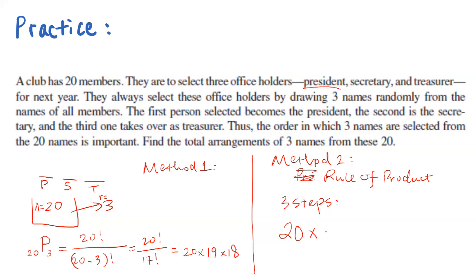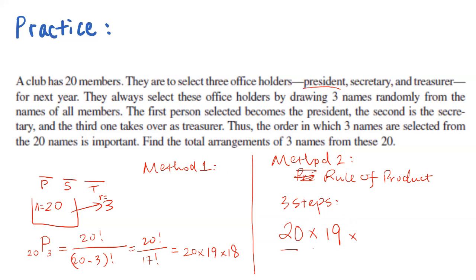How about the second step? Once the person has been chosen as a president, there are 19 names left, right? So the second step is to choose 1 out of the 19.